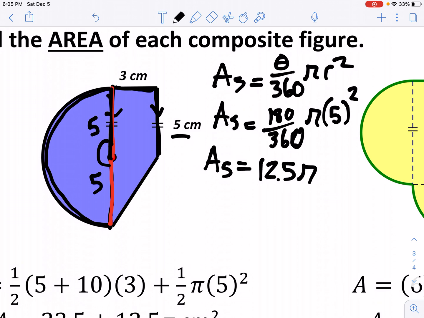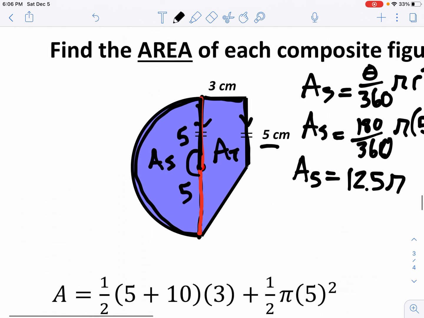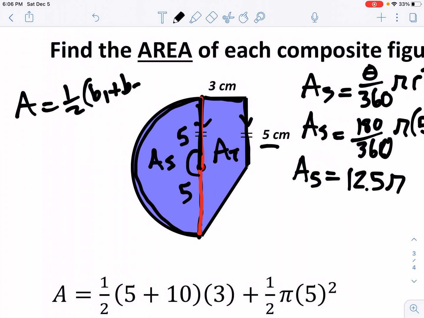So this is our area of the semicircle, okay, and let's call this maybe AT for the trapezoid, and we're going to add in the area of the trapezoid. Well, how do we find the area of a trapezoid? Remember, the area of a trapezoid is 1/2 base 1 plus base 2 times the height, okay?